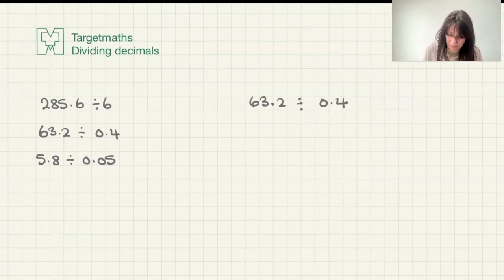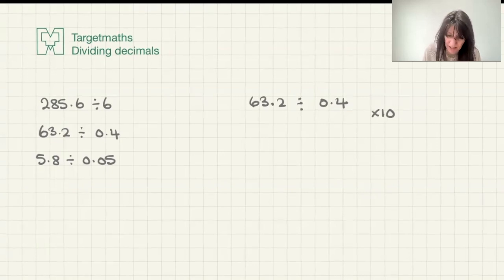What I'm going to do is multiply the entire question by 10, so not just the 0.4, but the 63.2 as well. That will keep the balance, which means I don't have to do any readjusting at the end.